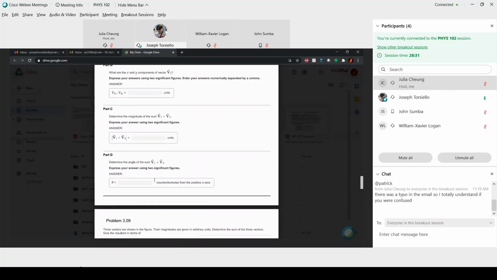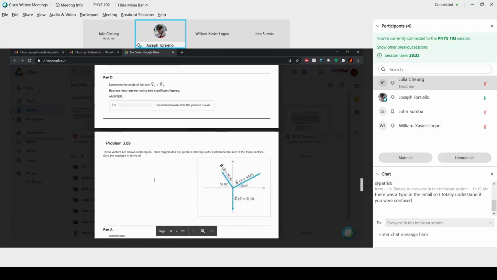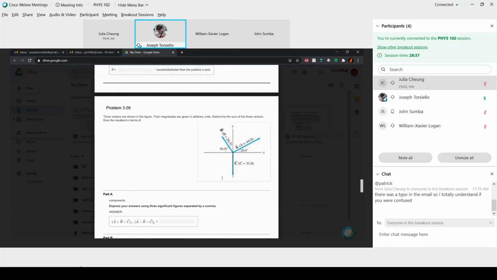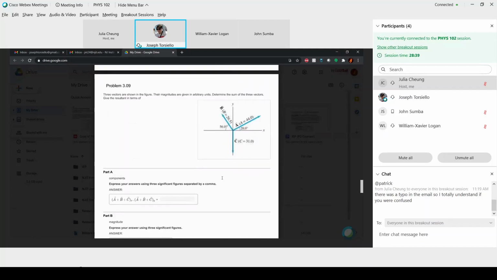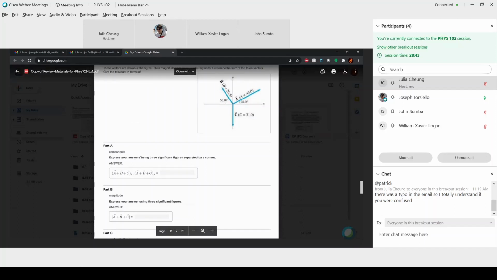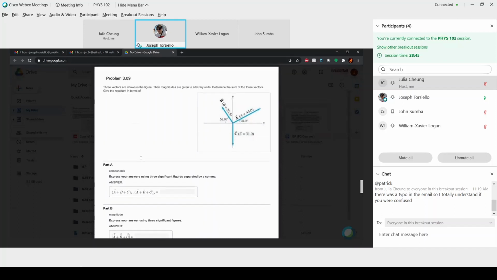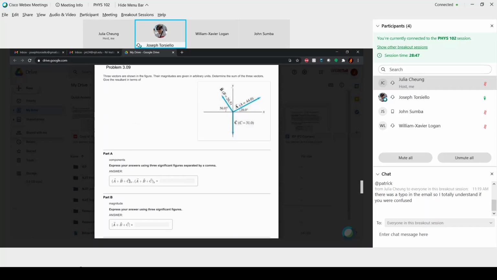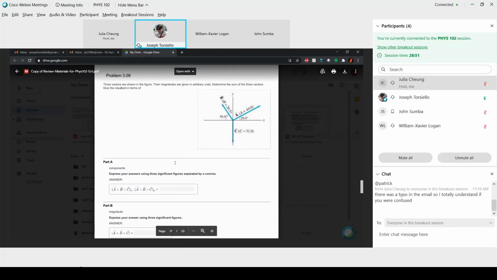Let's see. This is probably a good one actually. Express your answers. Oh, they want the component of the sum. Okay.